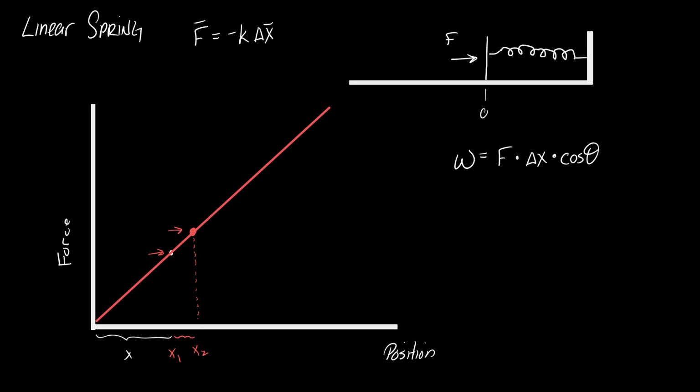Are we sure? Because this is where it's going to transition, and we're going to try and figure out how we could come up with the amount of work done without using F times delta X. Are we sure? Because it's going to get harder from here. Okay.